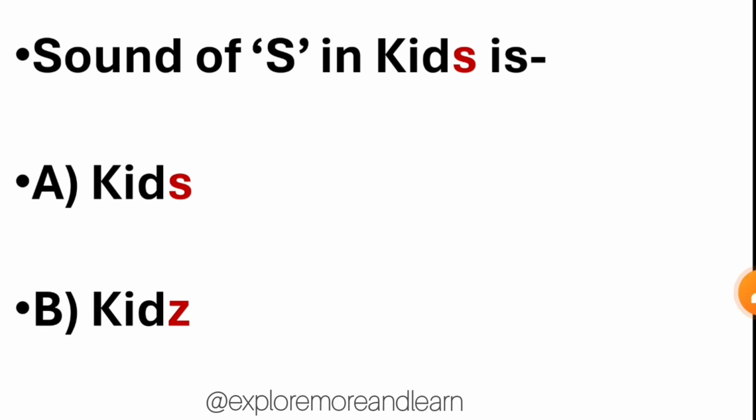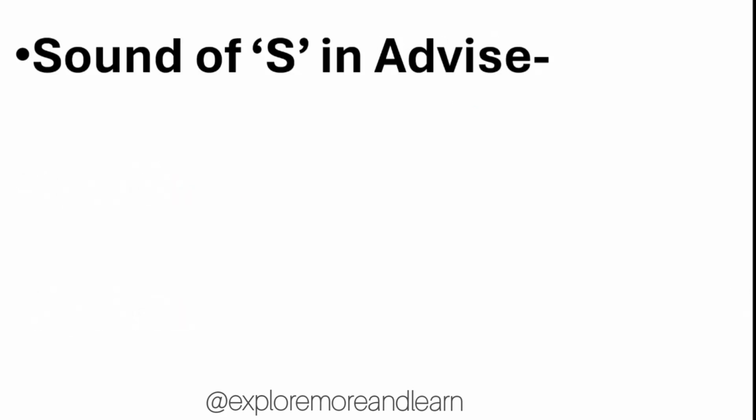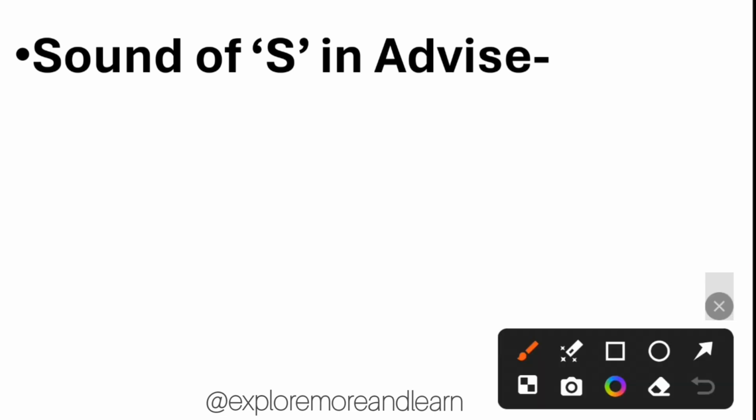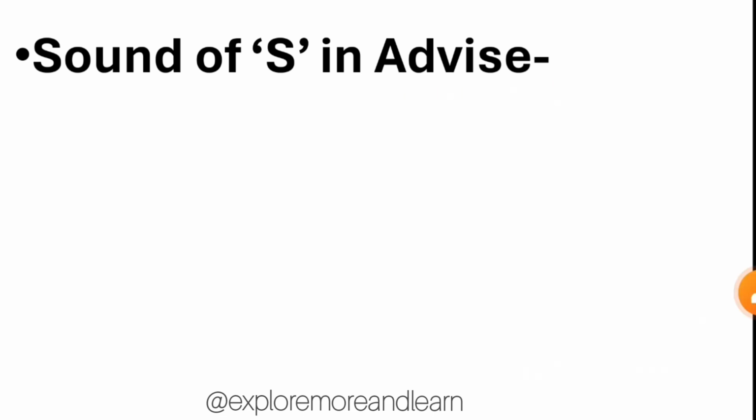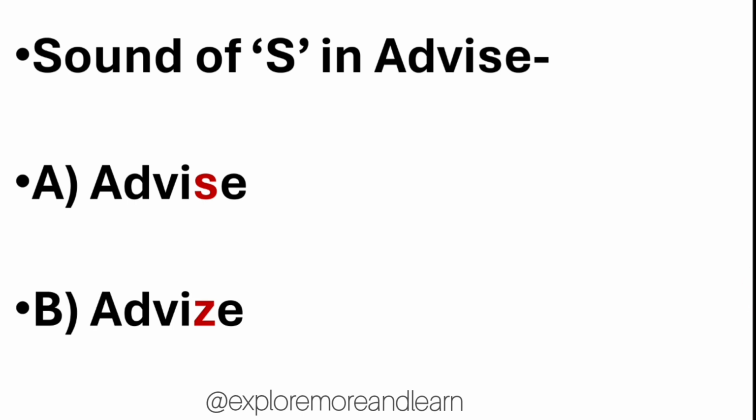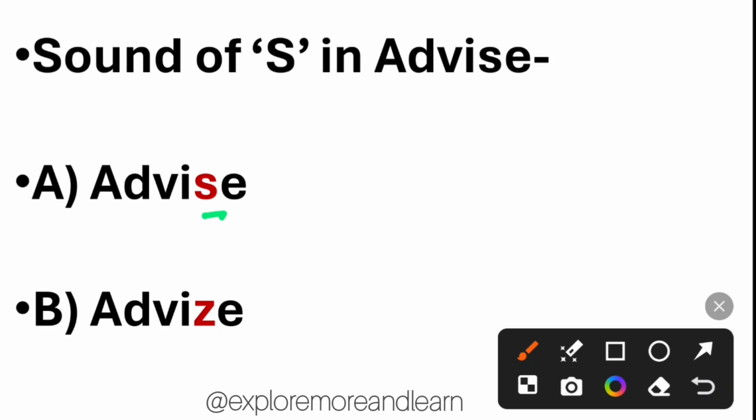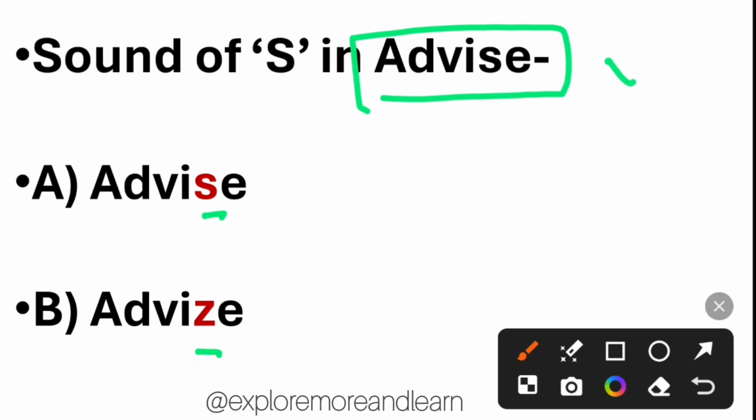Okay, now the next question, what is the sound of the letter S in this word? Now you have to tell, it is advice or advise. So the letter S has S sound or Z sound. Let me tell you that advise is a verb.